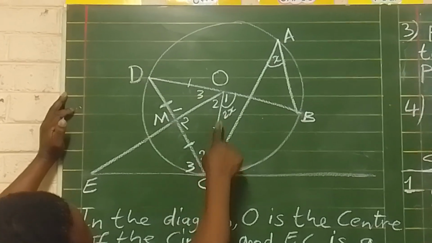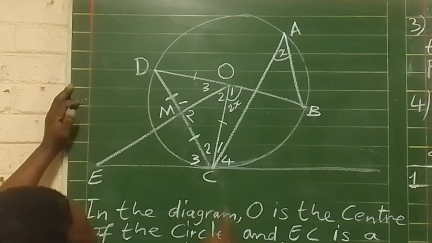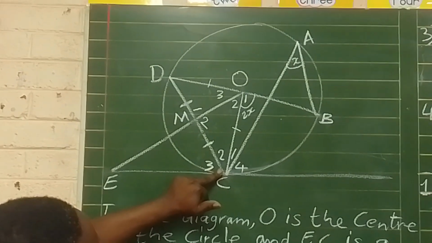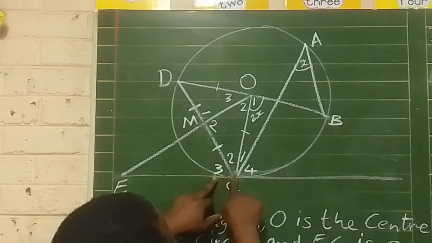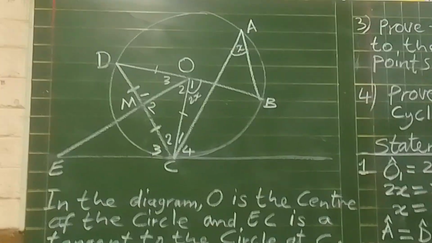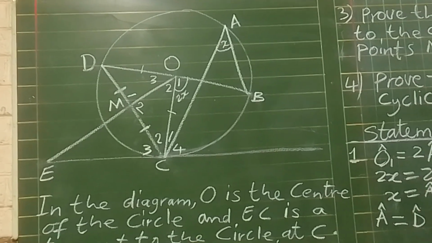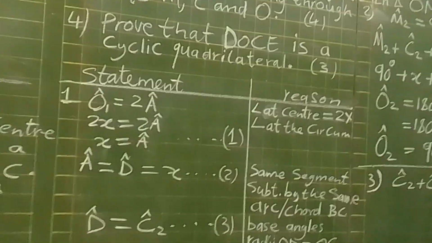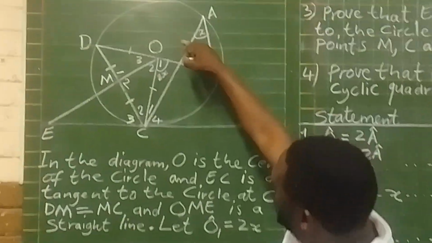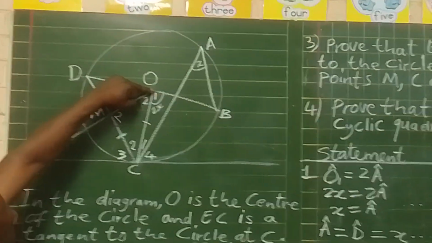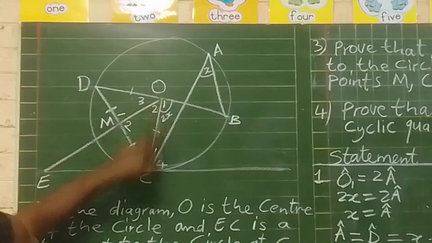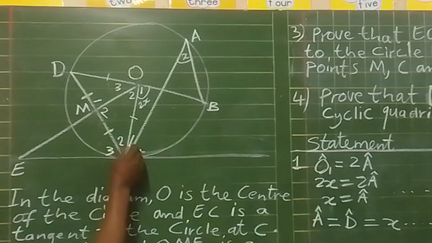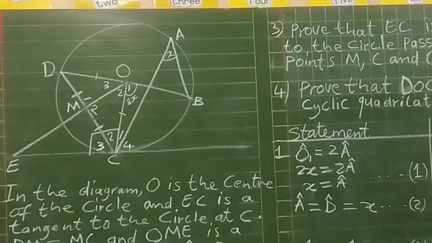C2 plus C3 is equal to 90 degrees. The reason for that is because this is the line, a radius from the center to point C. It is perpendicular to the tangent. So this is 90 degrees.